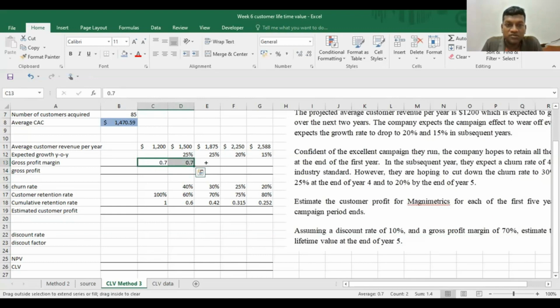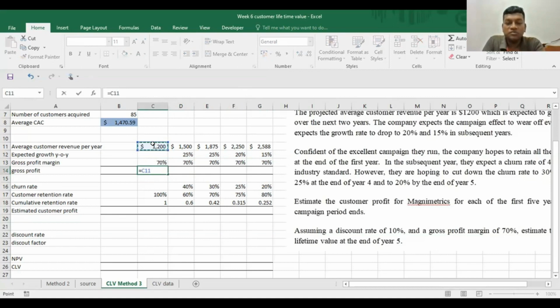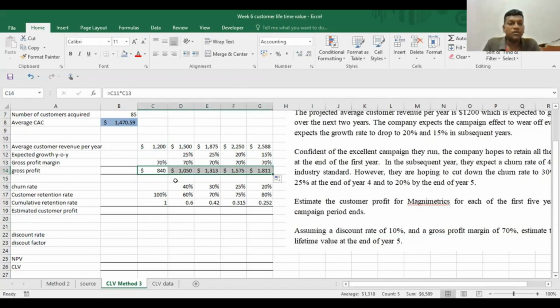0.7, gross margin is 0.7. We drag that across, make it into percentage, 70%. Okay, so if gross margin is 70%, the gross profit will be revenue multiplied by the gross margin, and let me drag it across. So this is gross profit. Okay, now the estimated customer profit.